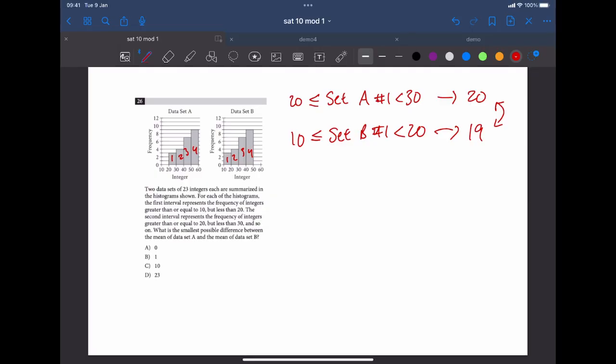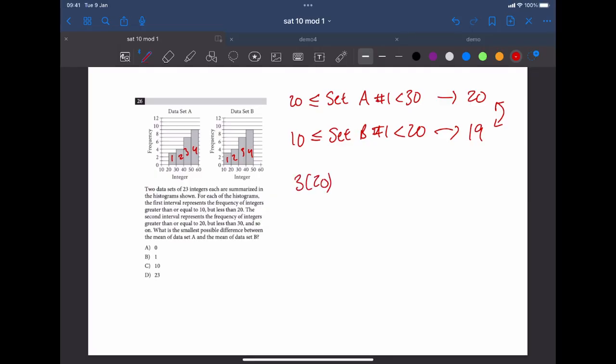One way we can do this is to make A as small as possible. We would just assume that every single integer in the box is the lowest possible value. So in box 1, the lowest possible value is 20, and there are 3 of them because the frequency is 3.